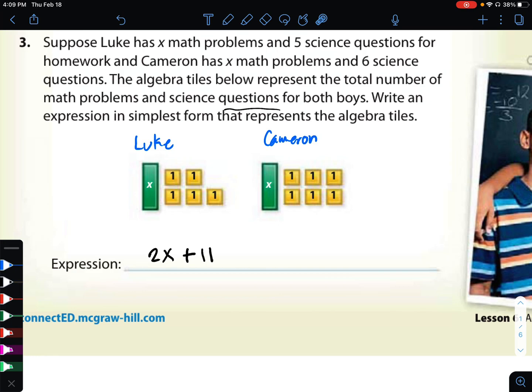This represents the total number of math problems they have: 1x for Luke, 1x for Cameron, and 11 science questions, 5 from Luke and 6 from Cameron. So this is the expression that is being asked when we represent the algebra tiles. Let's take a look at the lesson proper and see how all of these work.